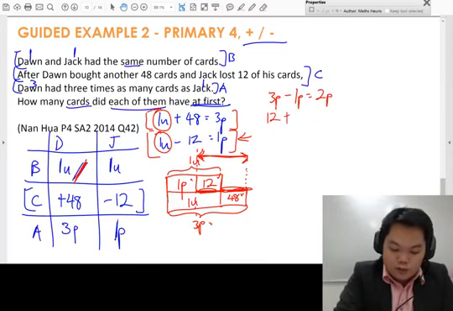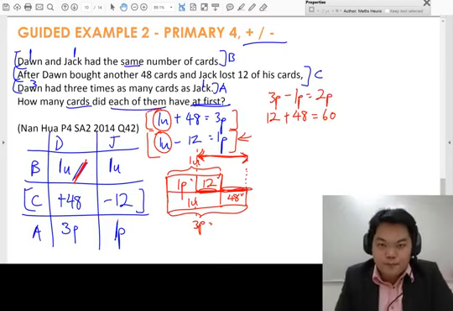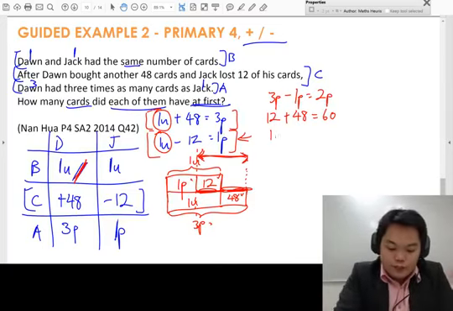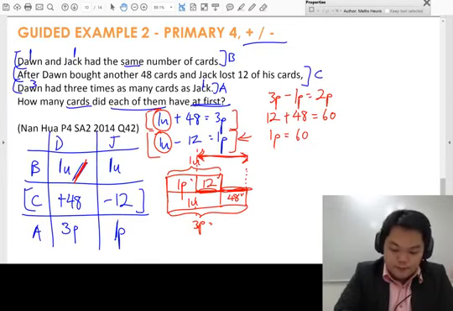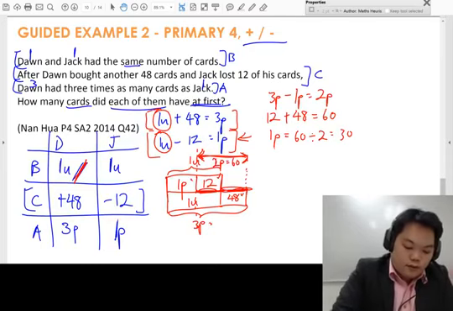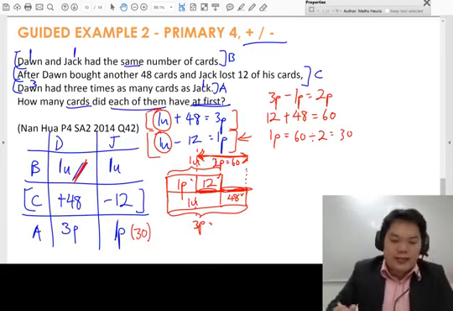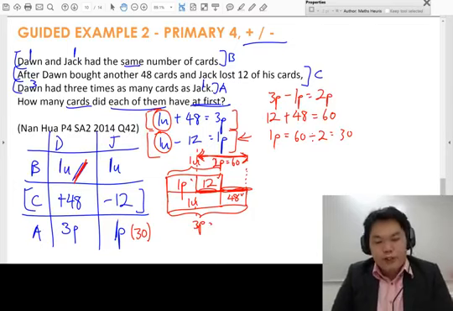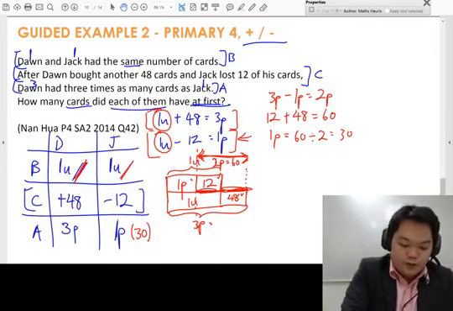We need to sum these 2 up, and this will give us 60. 2 parts here is 60. So one part here must be 60 divided by 2 to give you 30. And once we have this, we know that this one part is 30. We need to find out the 1 unit over here.